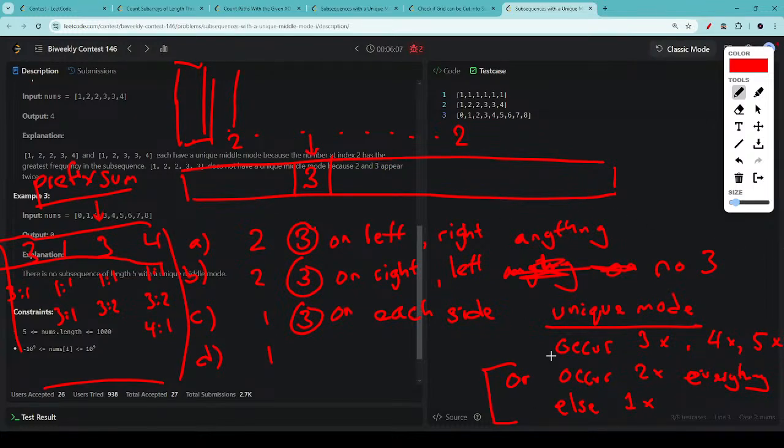Okay, this is the part I don't know how to do. Occur twice. You want to know that something occurs at least exactly twice, and then all the other numbers are unique.